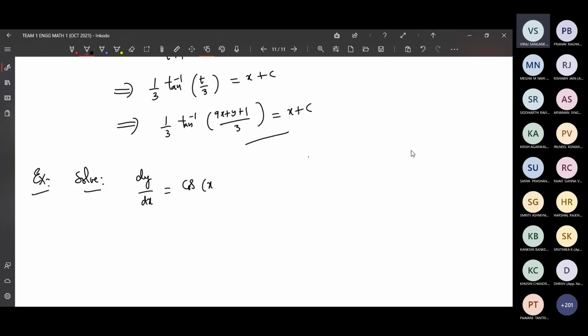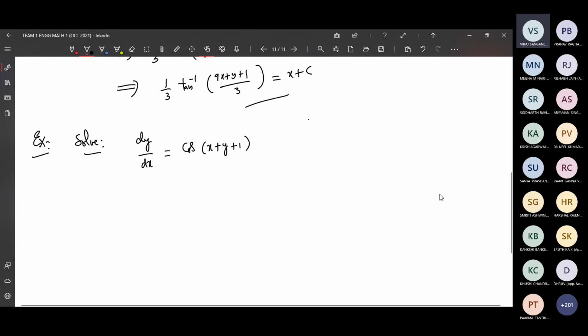Cos of x plus y plus 1. Very similar question. So this is put to t, I'll write it as x plus y plus 1. So that dt by dx is 1 plus dy by dx.